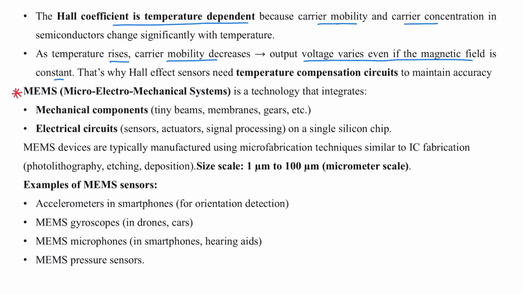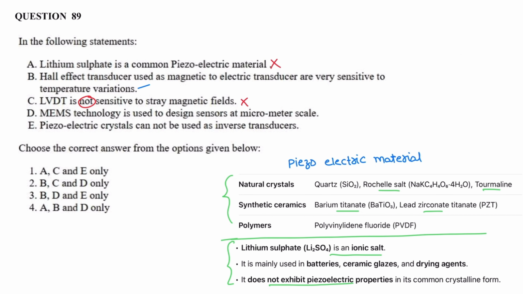MEMS devices are typically manufactured using microfabrication techniques similar to IC fabrication, and the size is from 1 micrometer to 100 micrometer scale. Examples of MEMS sensors are accelerometers, gyroscopes, MEMS microphones, MEMS pressure sensors. Statement D is correct. MEMS technology is used to design sensors at micrometer scale.